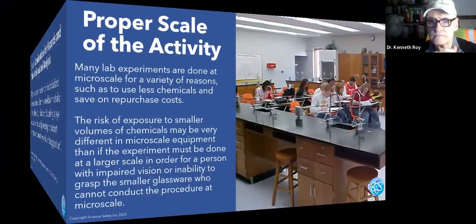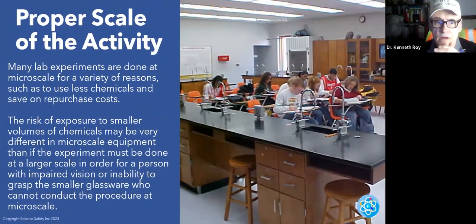Next. Proper scale of the activity. Many lab experiments are done at the micro scale. Now, it's using very small amounts for a variety of reasons, such as you use fewer chemicals, it's cheaper. The risk of exposure to smaller volumes of chemicals may be very different in microscale equipment than if an experiment must be done on a larger scale, in order for a person with impaired vision or inability to grasp the smaller glassware who cannot conduct the procedure in microscale.